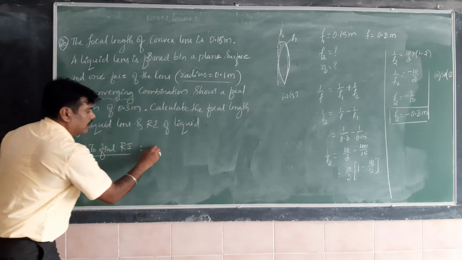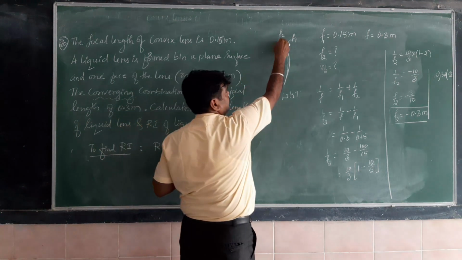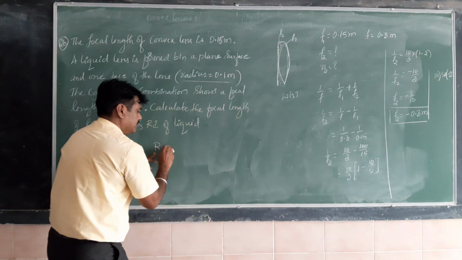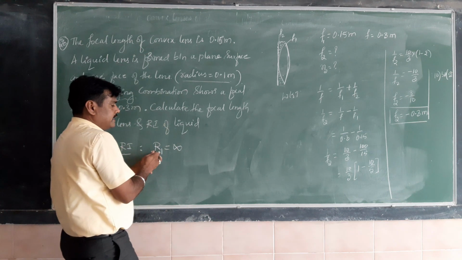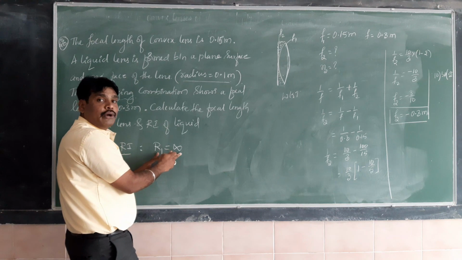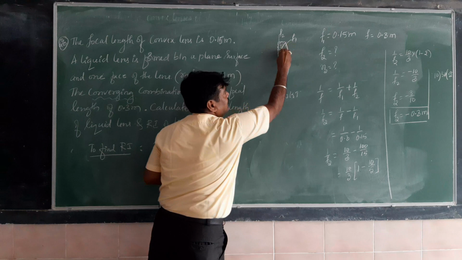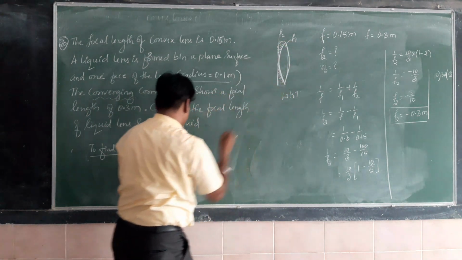See, the important thing is, say the first surface is plane, R1 is equal to infinity. For a plano-convex lens, one surface should have an infinite radius of curvature. This is very important, you have to remember. This is the second surface due to the formation of this lens.